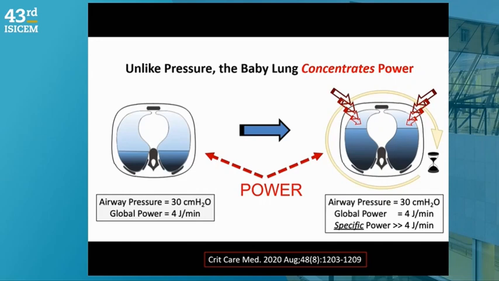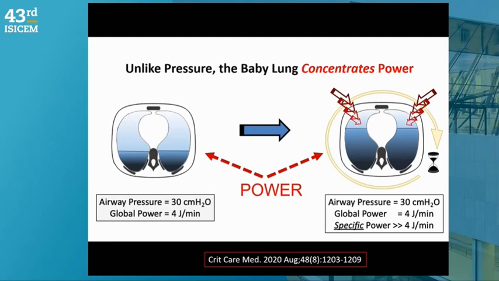For specific power, now by specific power I mean relating to the small baby lung, we need to consider the resting volume or the FRC. The specific power is the measured power divided by that volume.